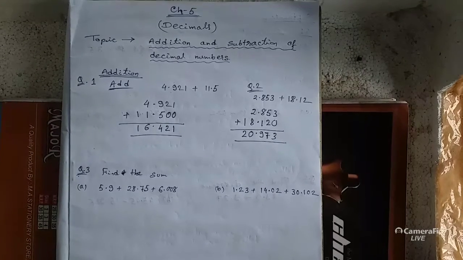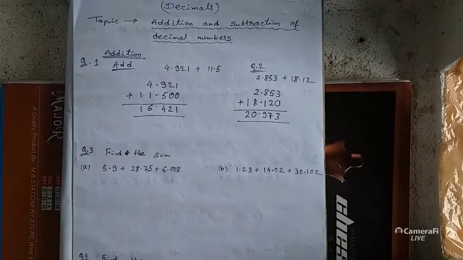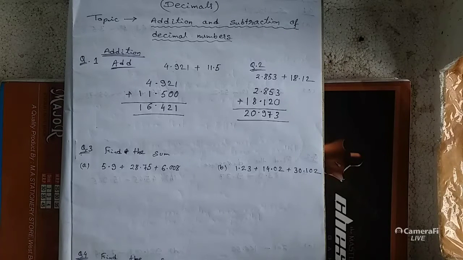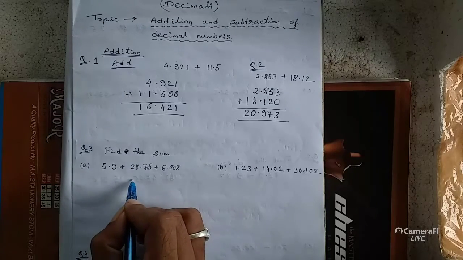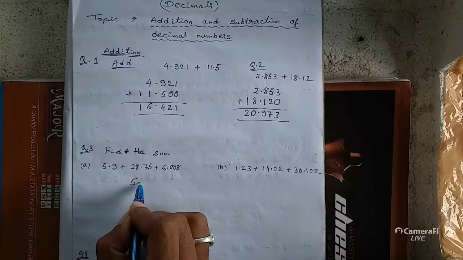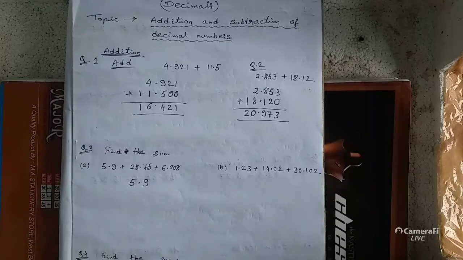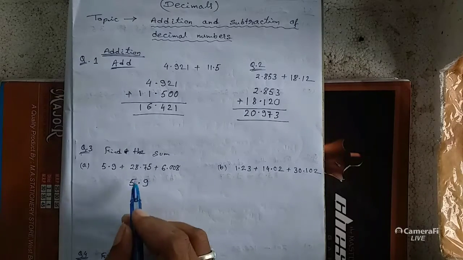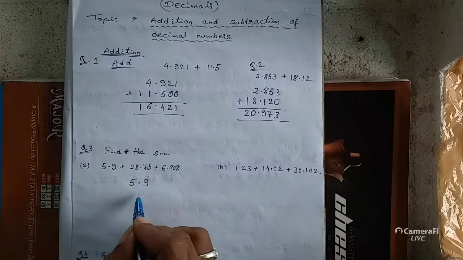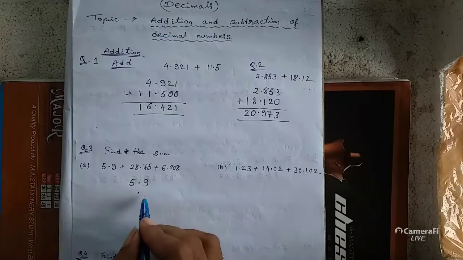Next, coming to question number 3. Find the sum. Sum means addition. Here 3 decimal numbers are there. First is 5.9. We have to again arrange the numbers in the proper way. First 5.9, second number 28.75, point just below the point.